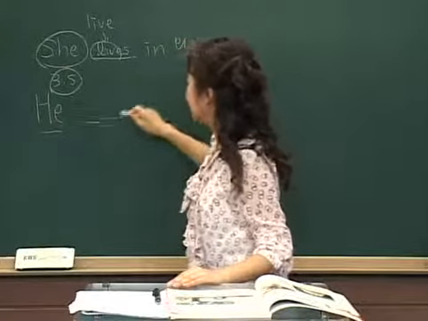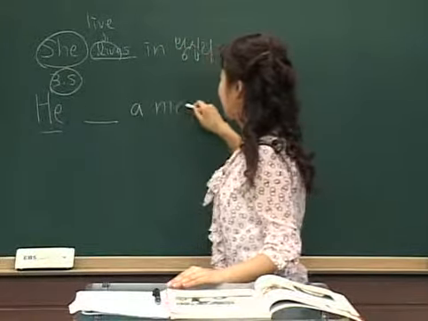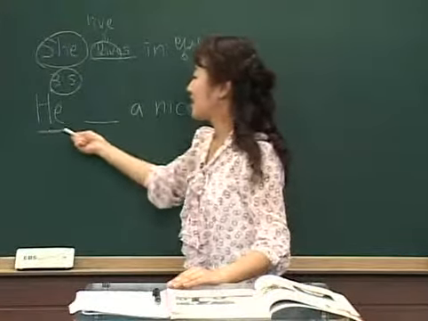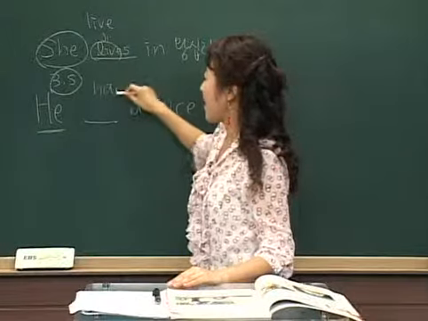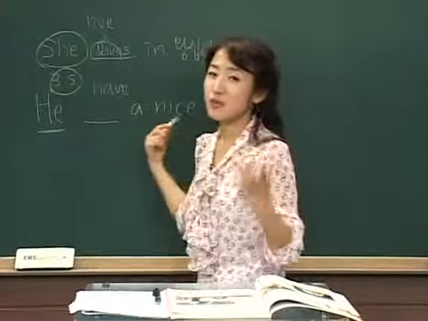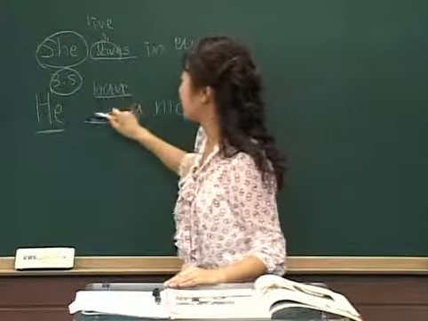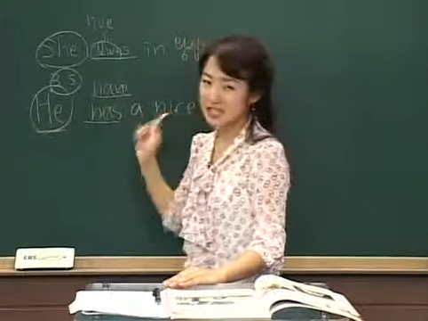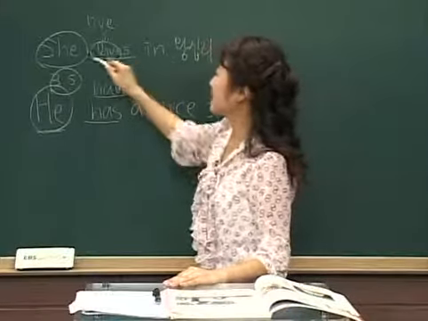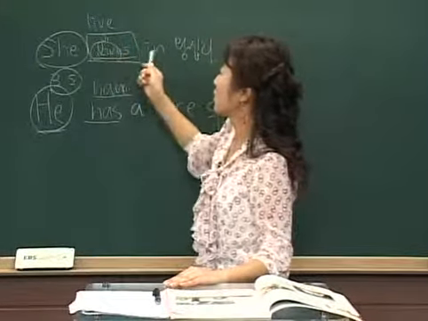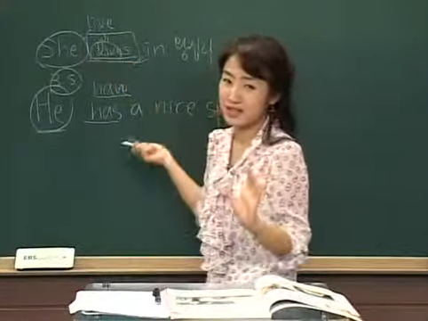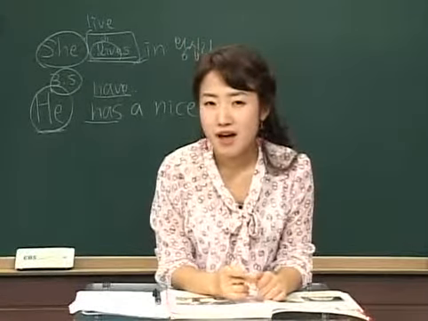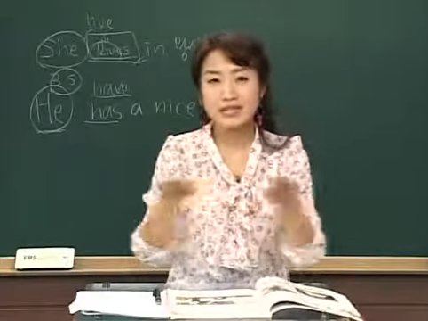He, nice sports car. 자, 가지고 있다 is originally have, but this is an irregular verb, so you have to put has when the subject is third person singular. Basically you can only memorize this one. This is the affirmative form of the present simple.